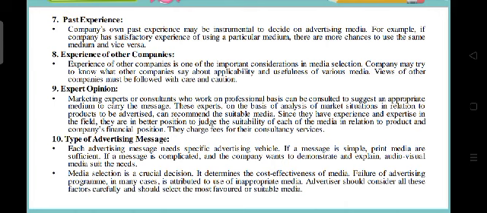Since they have experience and expertise in the field, they are in a better position to judge the suitability of each of the media in relation to the product and the company's financial position. They charge fees for their consultancy service. They have expert opinion, and so they can suggest the appropriate media for disseminating the message.